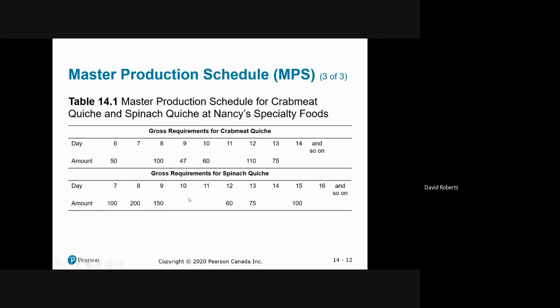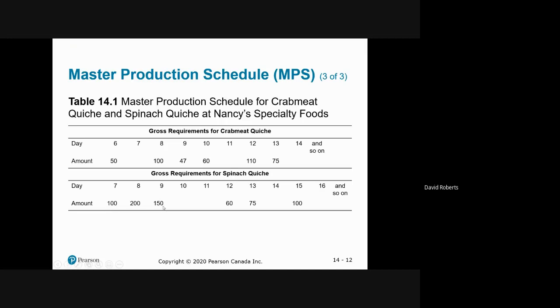So in this particular case, you can see the gross requirements for crab meat quiche and spinach quiche. In the various periods, we'll assume that they're weeks, 50, 100, 47, 60, etc. for the crab meat, and 100, 250, 150.